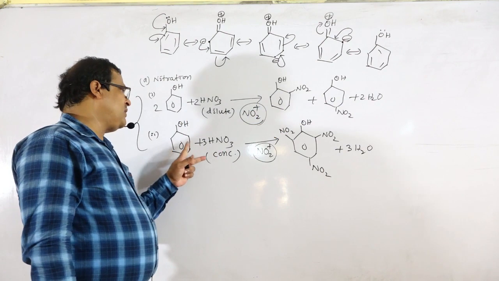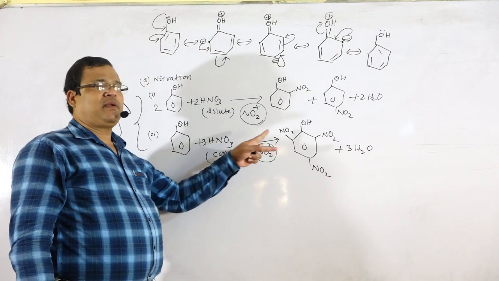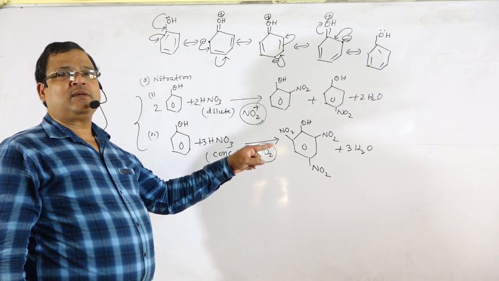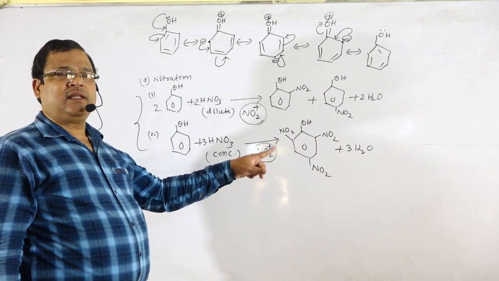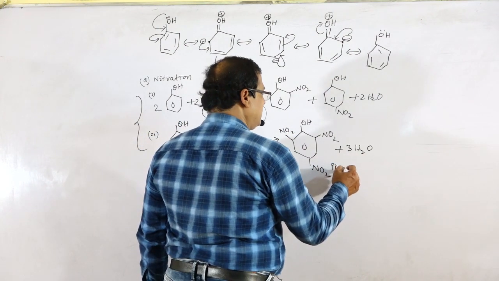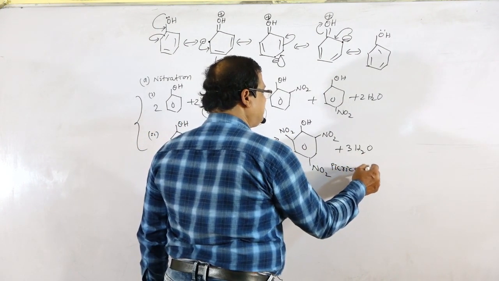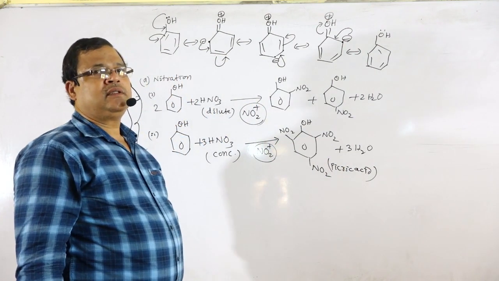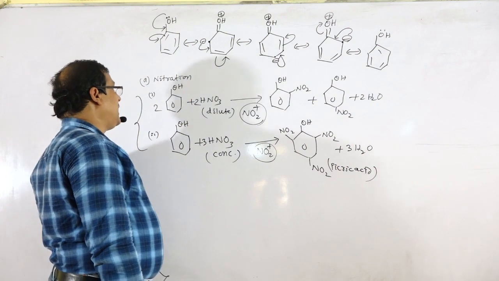If we have used concentrated nitric acid, there is the formation of 2,4,6-trinitrophenol, otherwise known as picric acid. This is your picric acid. So this is regarding the nitration.